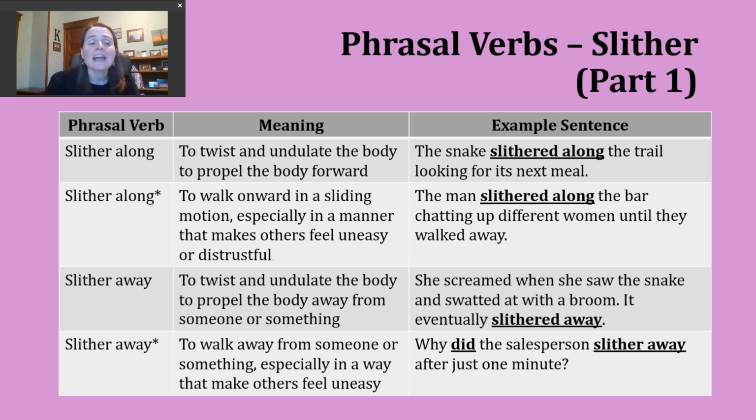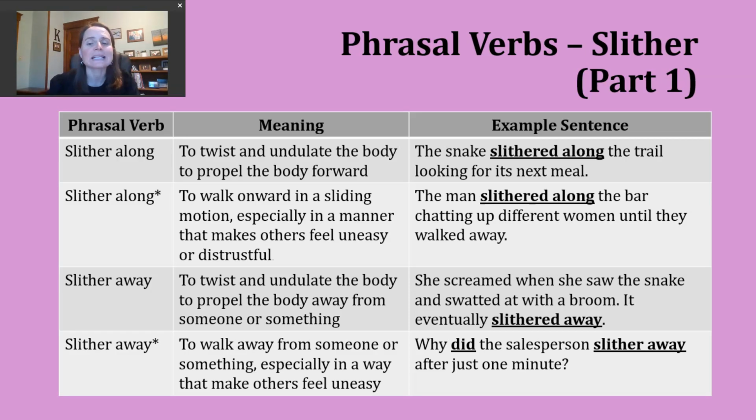Now let's take a look at another phrasal verb. You might encounter slither away. It can also have a couple different meanings. First goes back to our original definition. So twisting, oscillating, or undulating one's body to propel it away from someone or something. An example of this: she screamed when she saw the snake and swatted at it with a broom.